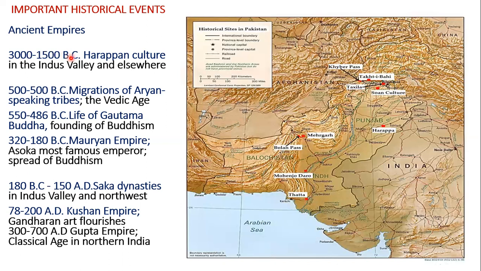People of ancient times, to count the time, set a calendar, and that calendar is called the Gregorian calendar.